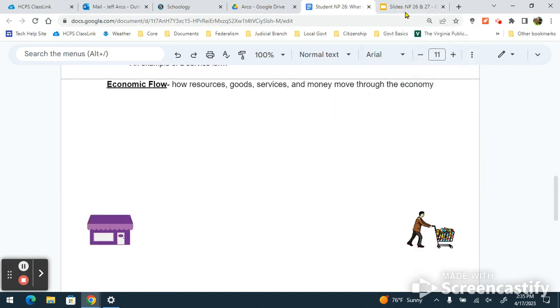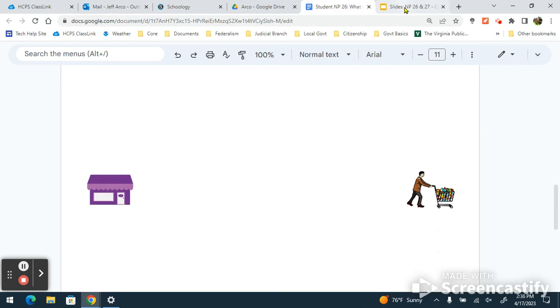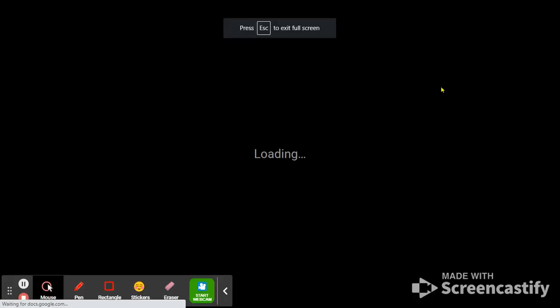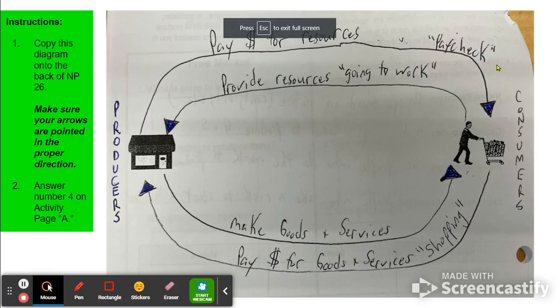Everything in our economy goes round and round between 2 points. It's called economic flow. In the U.S. economy, everything flows between us, we're known as consumers, and producers, or the businesses. And here's the way it works.